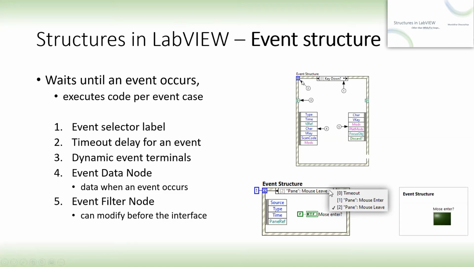And this is like the timeout delay for an event. The structure will wait for some time for that event to occur. If it does not occur, then it will execute one case which is called the timeout case inside this event. So if no event happens, then whatever code is inside the timeout case will execute.